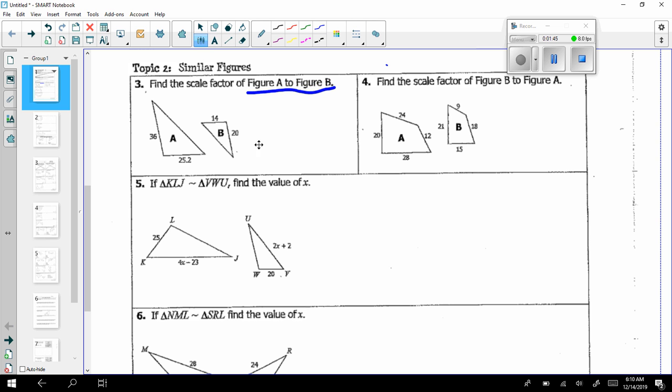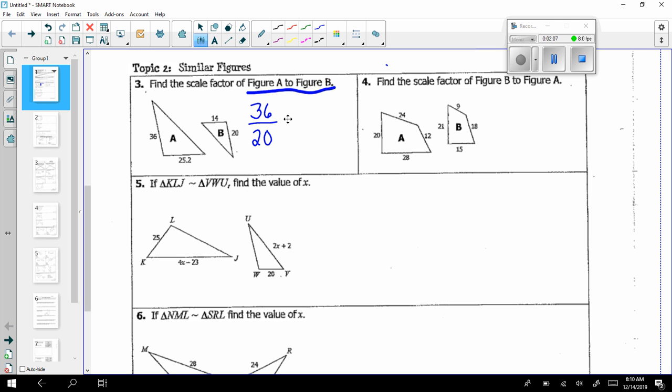How do I figure out which ones correspond? Obviously the larger side goes with the larger side here. So I'm going to do 36 divided by 20. That's the scale factor.